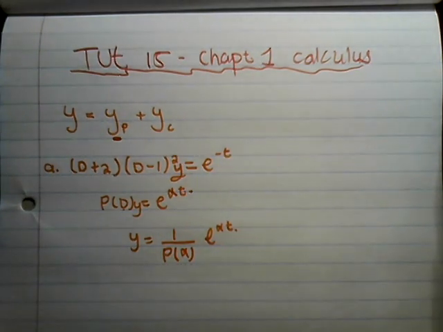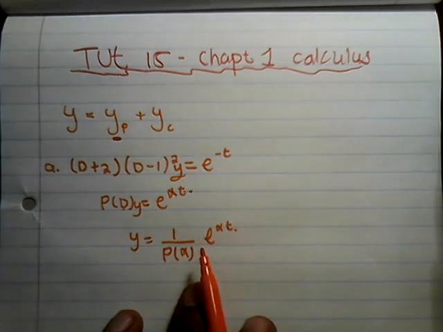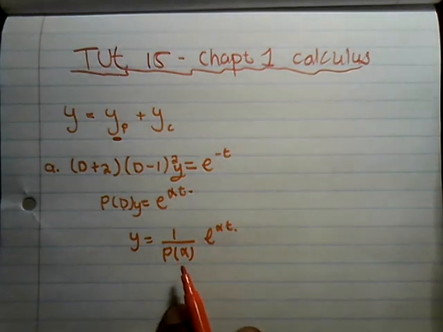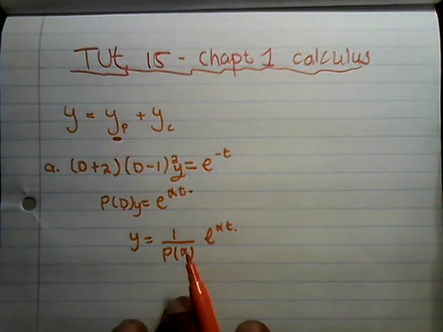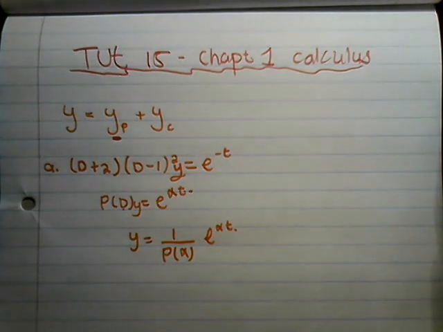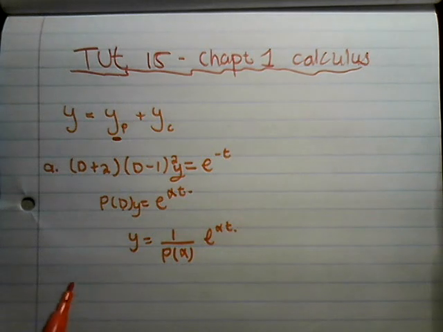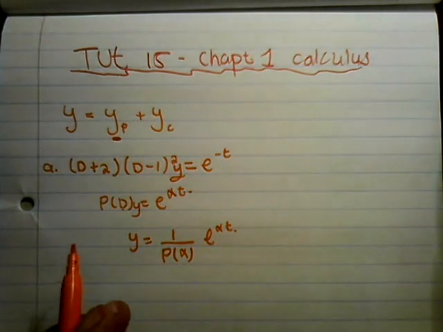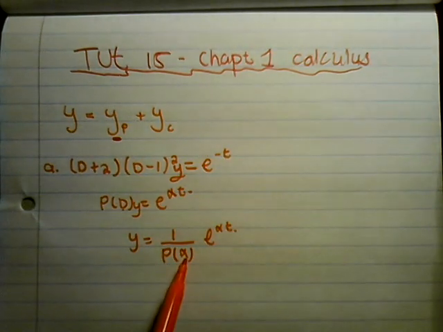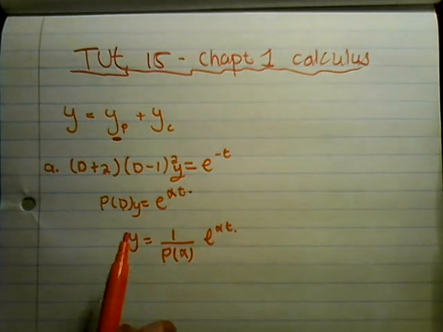But it depends: if when we substitute alpha we get 0, then we have to do something else. I'll do that question in another video, because tutorial 15 doesn't have a case where alpha gives 0.